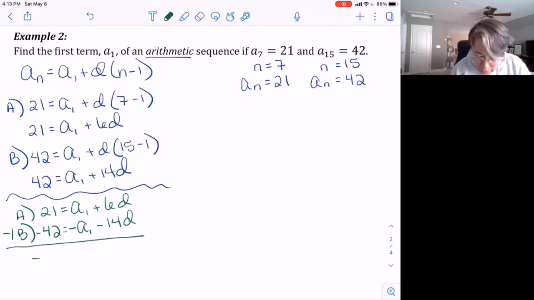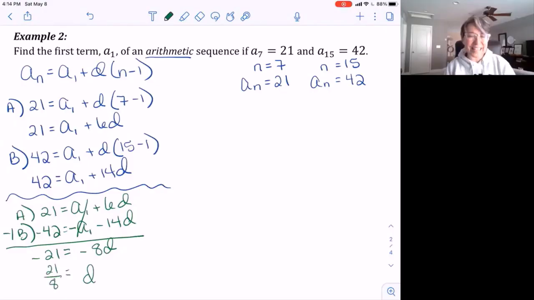Combining like terms, we get -21 equals the a sub 1's add up to 0, and we get -8d. If only we'd gotten a -7, that would have turned out nicely, but we can still do it. We're pre-calculus students, we can work with fractions. So that gives us a common difference of a positive 21/8.